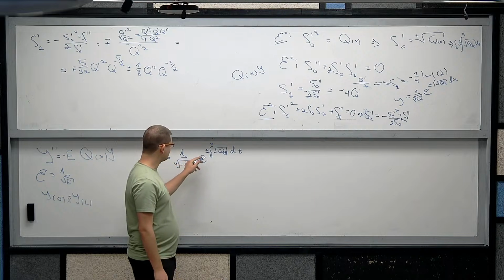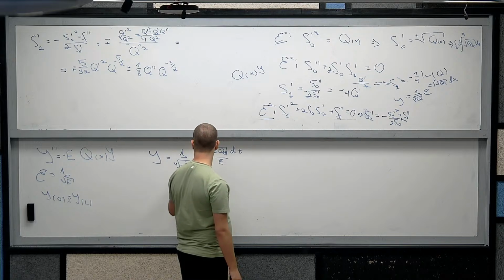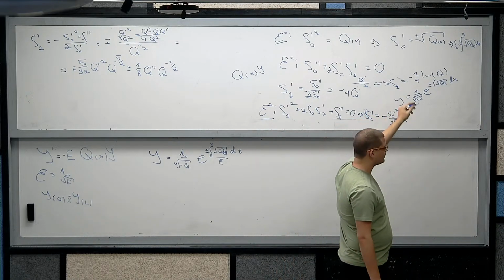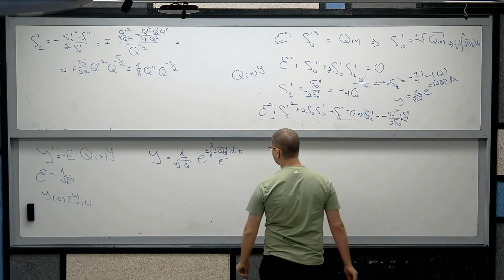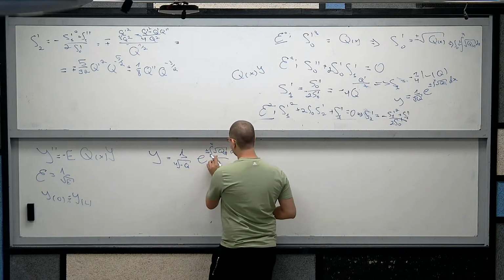I think they should have i. Yeah, here divide by epsilon. You're right. I substituted epsilon equal to 1, but here I should keep it. And you should also have i if it's a minus.